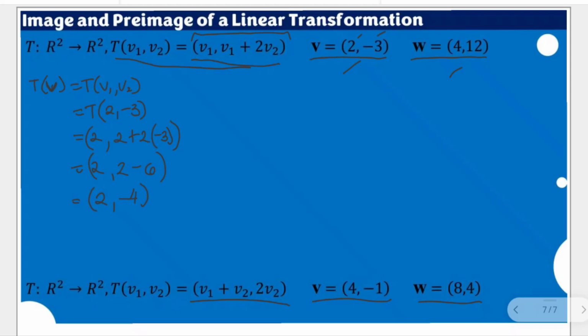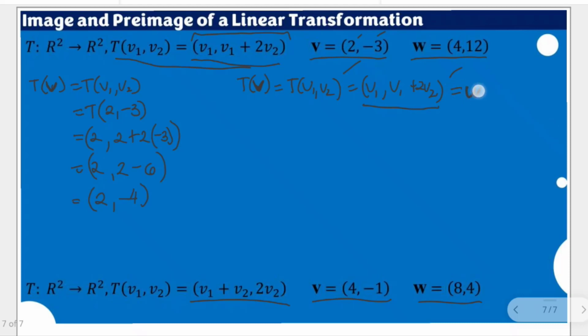To solve for the pre-image, this is a little bit trickier because you're going to look at this relationship. Again, the transformation of vector v is defined here, transformation of v sub 1, v sub 2, which is defined as v sub 1 and then v sub 1 plus 2 v sub 2, right? This is the transformation, and this is equivalent to your vector w here.